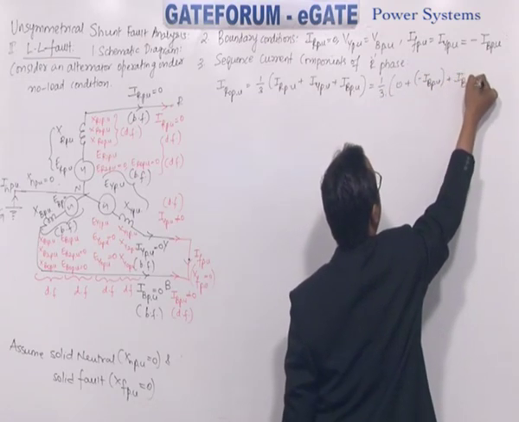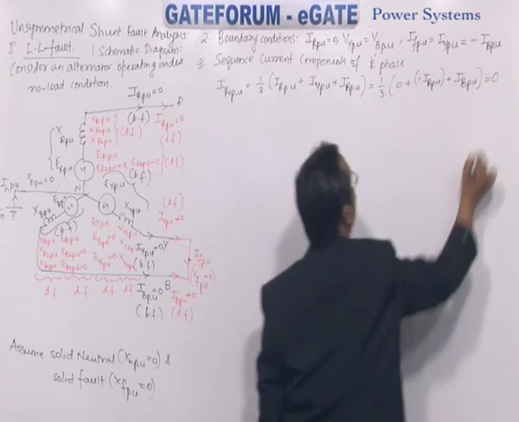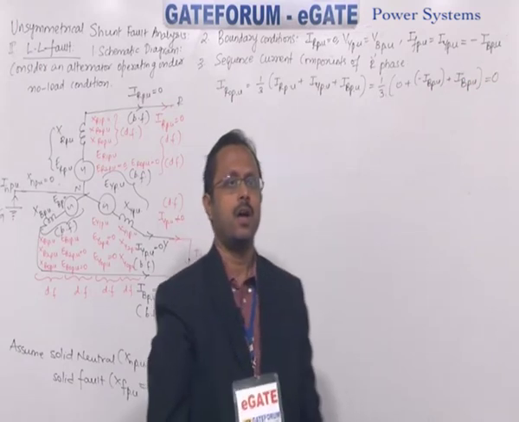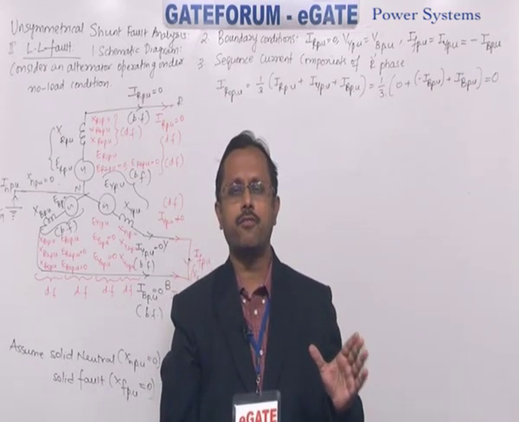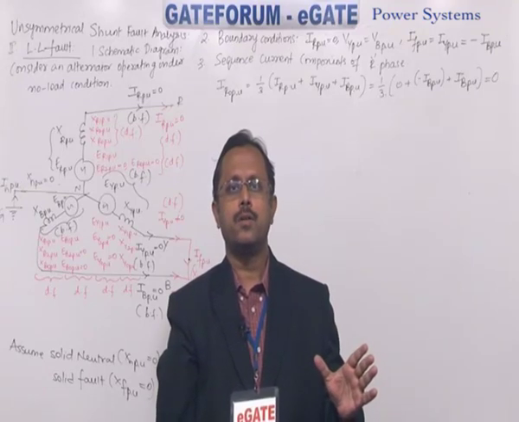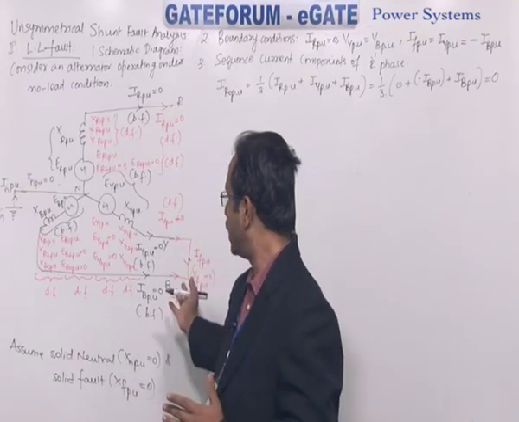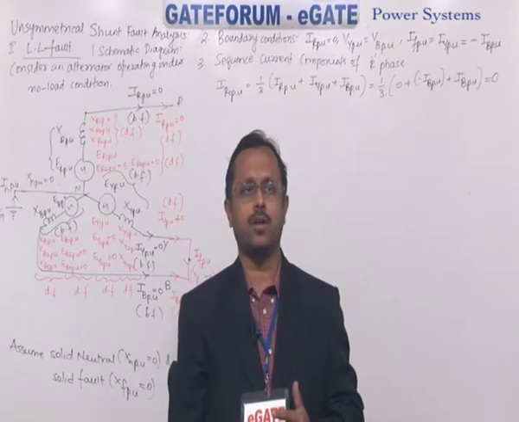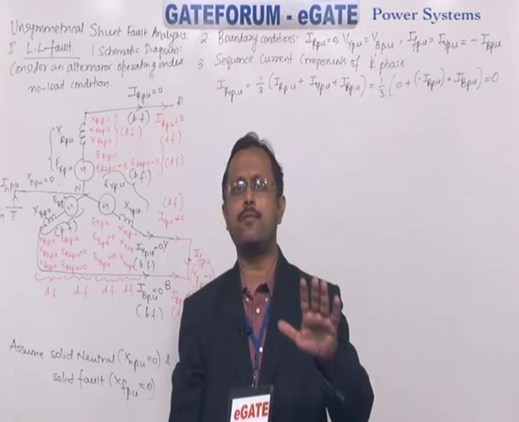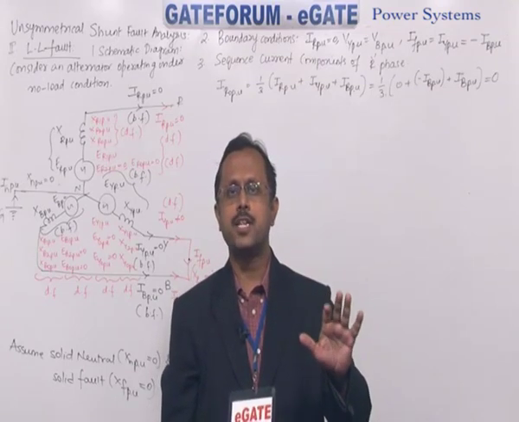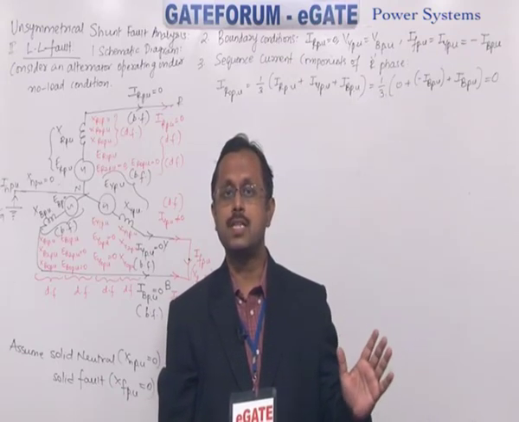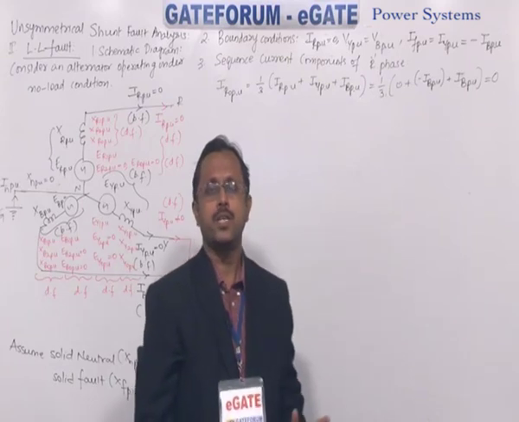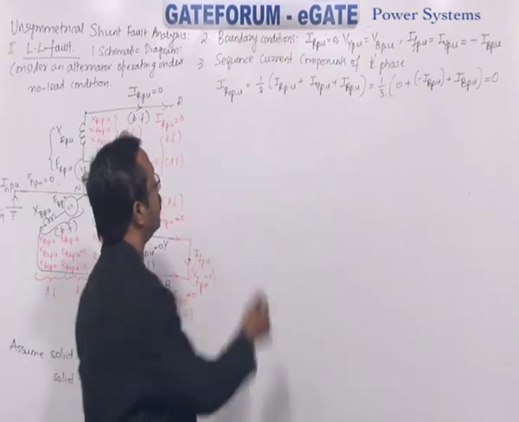So on simplifying this, IR naught per unit is 0. How you justify zero sequence current is not flowing? Because you observe here fault is not involved with ground. For faults not involved with ground, zero sequence currents do not flow. I repeat, for faults not involved with ground, zero sequence currents do not flow.